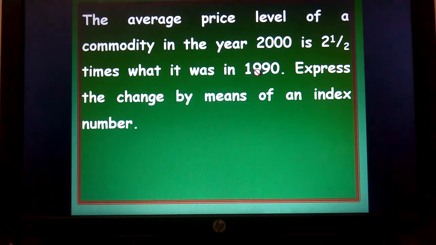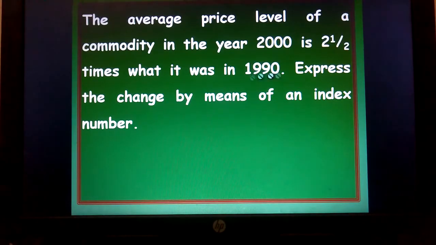Whatever has changed in the price level from 1990, the base year, to 2000, the current year, we have to express by means of an index number. So try to guess the answer, students, what it should be. The change that has taken place, 2.5 times, we are expressing in terms of index number.